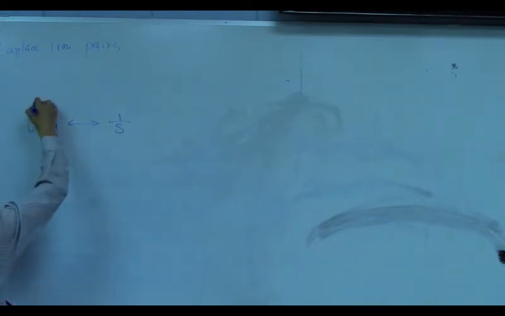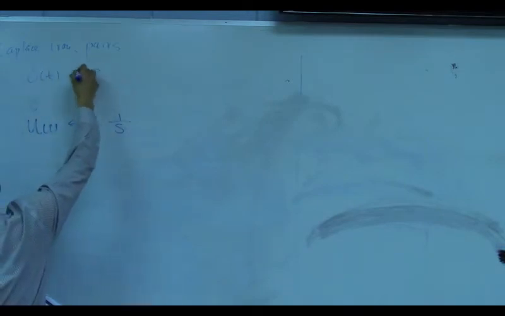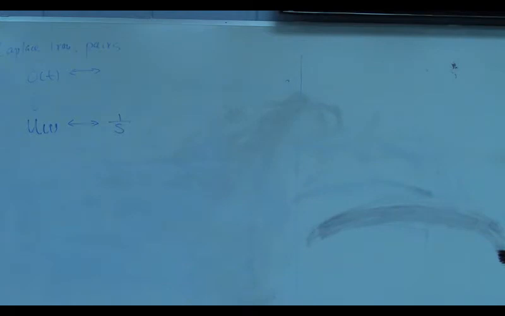What is delta(t)? How do we get this from here? We will do this at the very beginning. How do we get this from here?